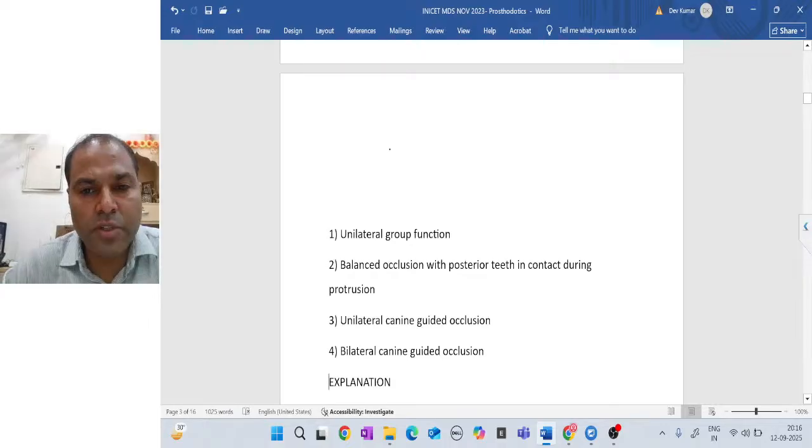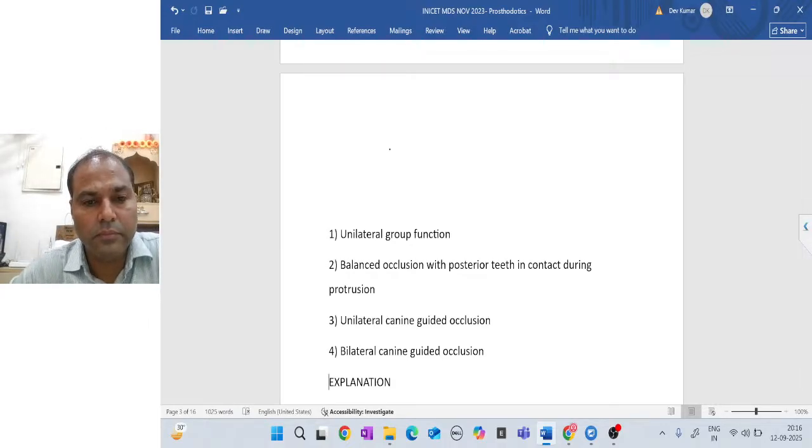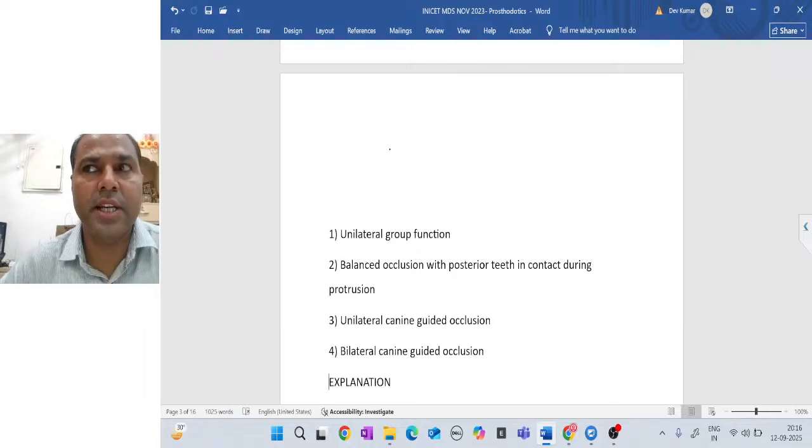Balanced occlusion with posterior teeth in contact during protrusion. Unilateral canine guided, bilateral canine guided. So in denture it cannot be a canine guided occlusion. The teeth are contacting. The canine guided occlusion is always unilateral.